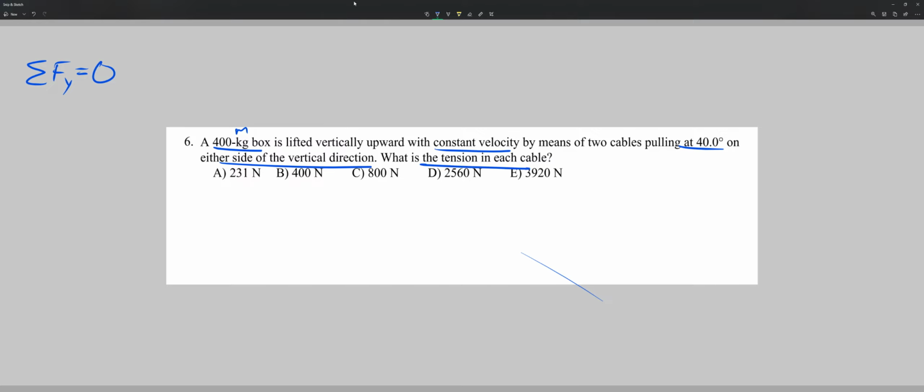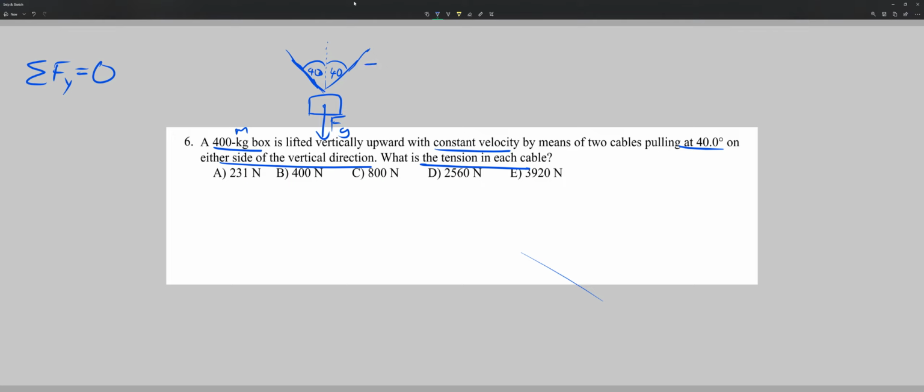So you draw a diagram of this problem. You should see a box being lifted vertically upward. You're being pulled at 40 degrees to your vertical. So this is 40 degrees, and this is also 40 degrees right there. And there's also a downward force due to gravity.